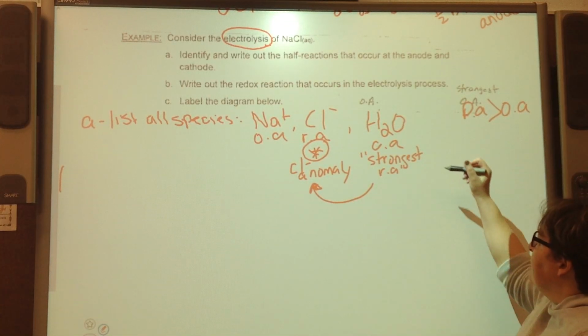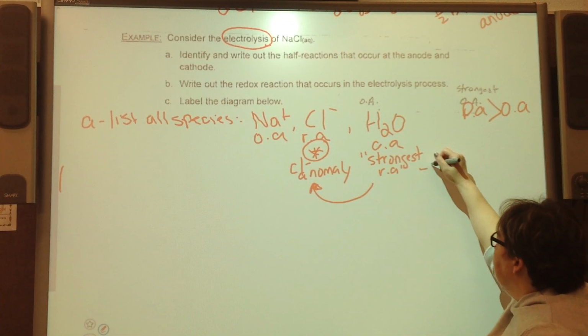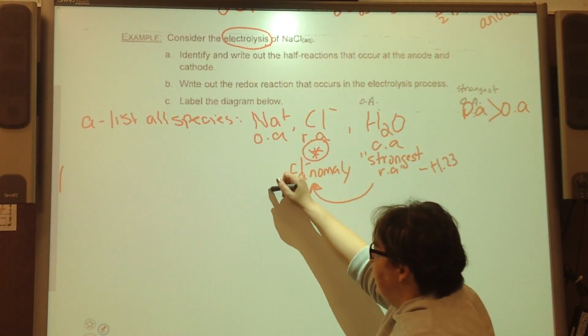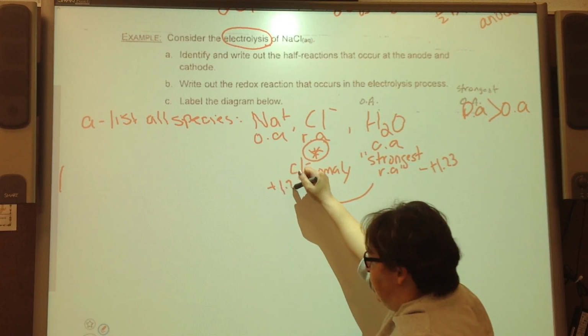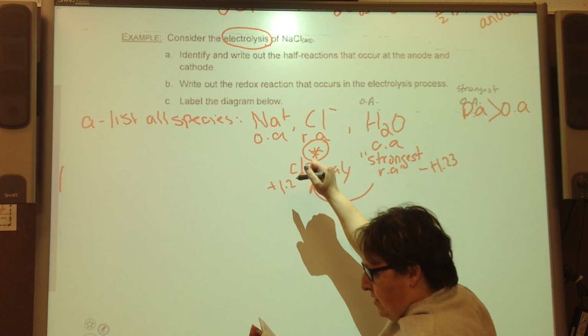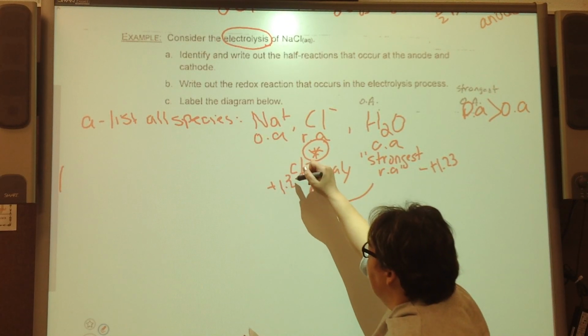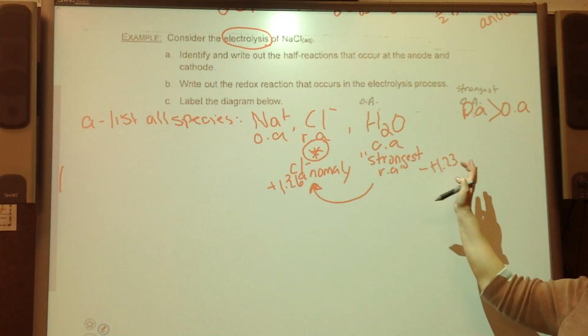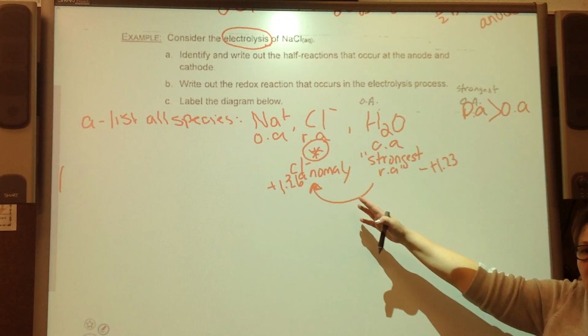Yeah. So we find this at, thank you, I was having a hard time finding it. But we find this one at positive 1.36, sorry. So we come across the water on the right-hand side before we come across chloride.